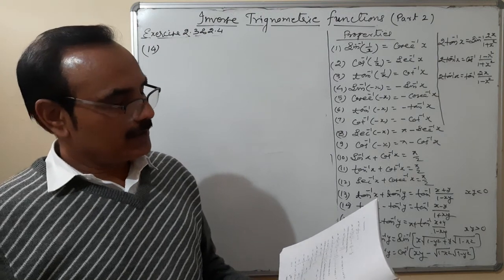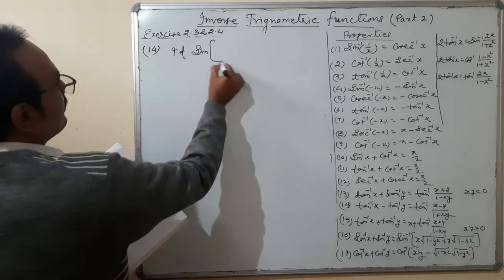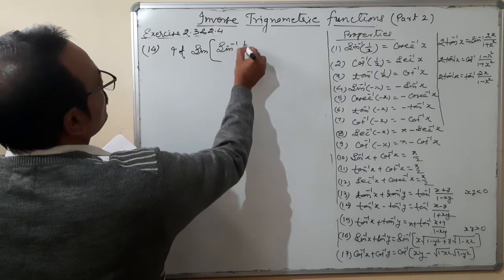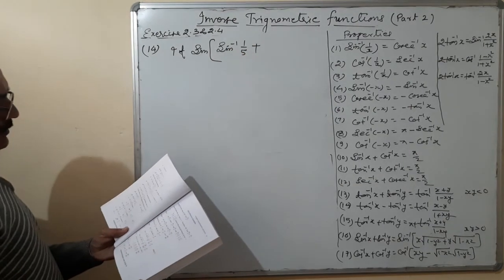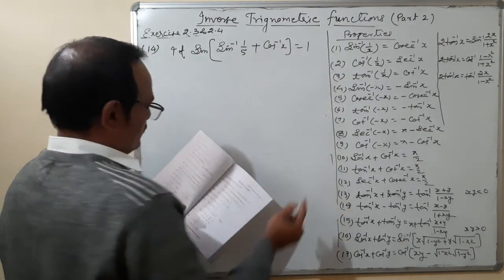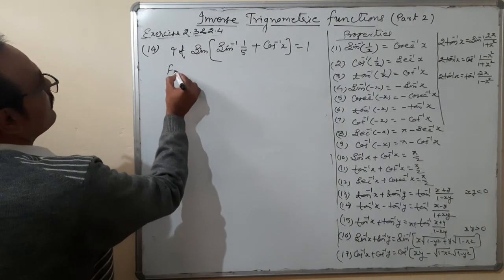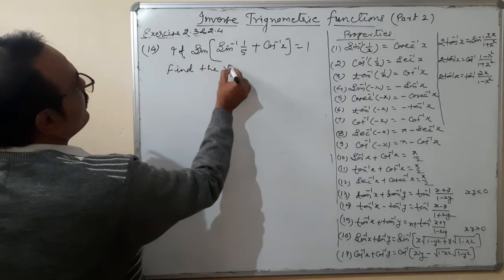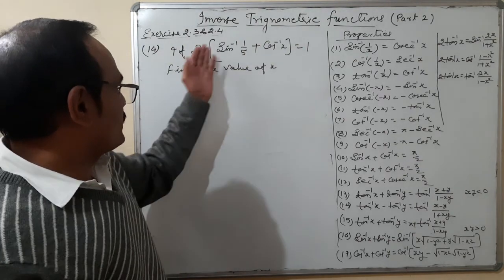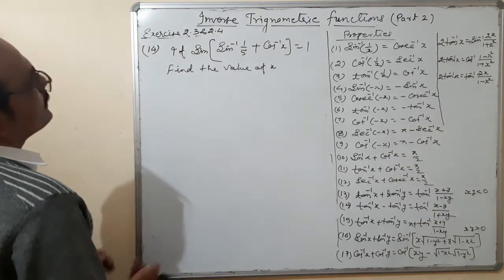Question number 14: if sin inverse 1 upon 5 plus cos inverse x is equal to 1, then find the value of x.